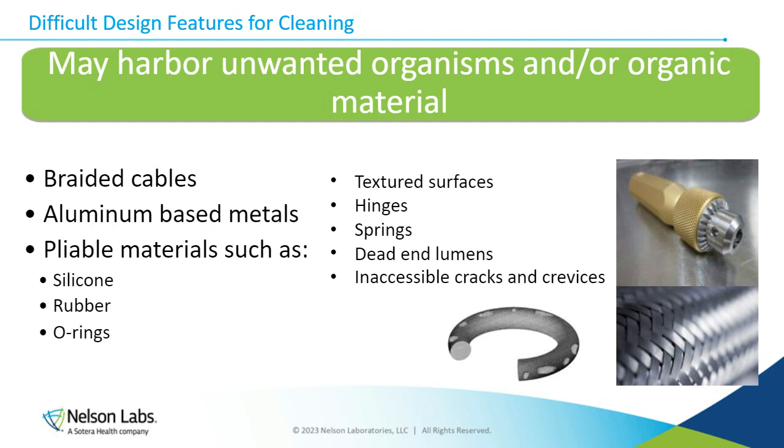Aluminum-based metals, they destroy very fast and tarnish with a lot of chemicals. So you have to be very careful with that. Silicon rubber O-rings, they break apart really quickly because detergents get into them. They're porous, and so detergents will get into them and start to break them apart. Textured surfaces hold on to test soil, bodily fluids, and tissue and things like that.